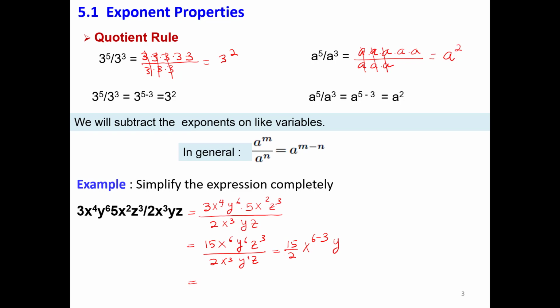Again, if there is no exponent, we know it's 1, so it's 6 minus 1. z will be 3, here is 1 minus 1. And let's write here x. 6 minus 3 is 3. y, 6 minus 1 is 5. 3 minus 1 is 2. And this is the answer.